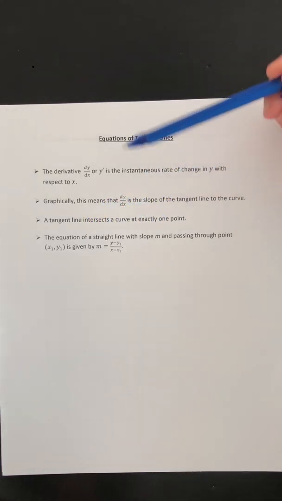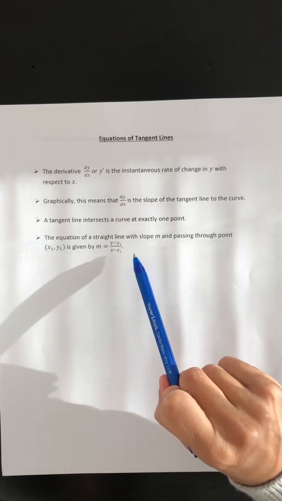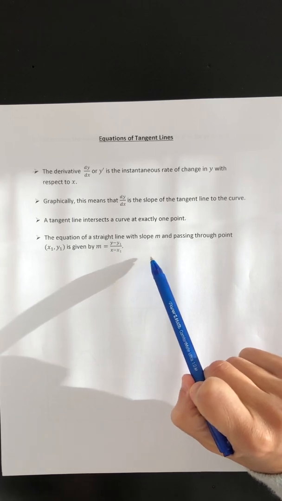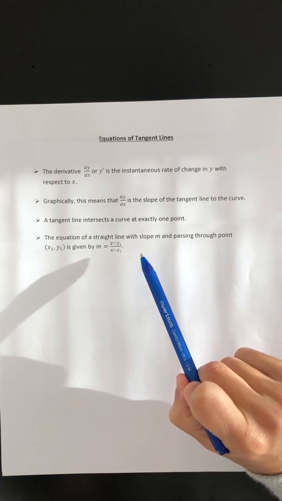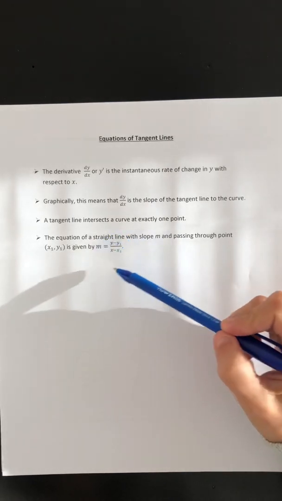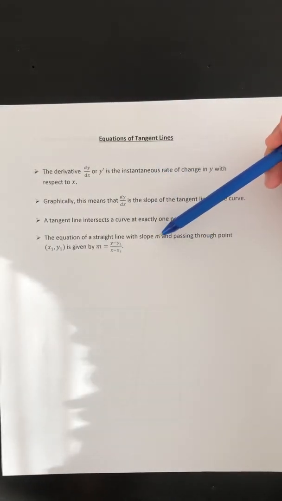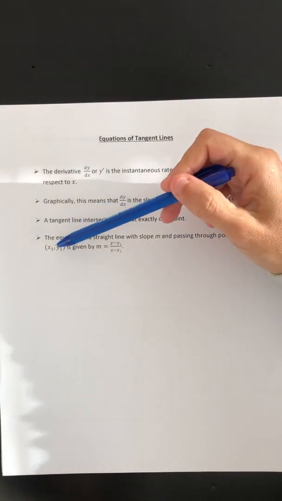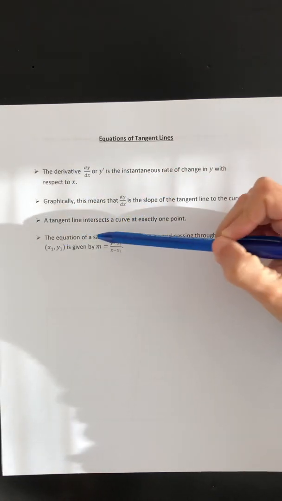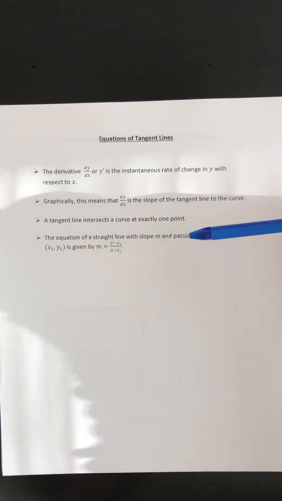And I wanted to remind you just how we can go about finding the equation of a straight line. You would have reviewed this in your first math course, and it's called the point slope equation. So all you need to know is the slope of the line and any one point on the line, and then you can use this equation in order to come up with the equation of the straight line.